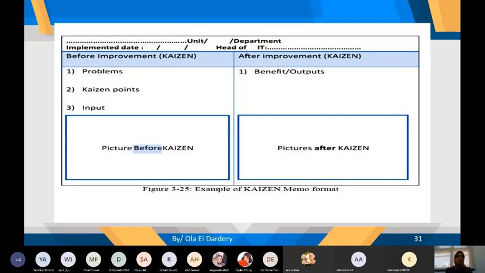We can also add pictures of the workplace. If we're going to be implementing 5S and it's a messy workplace, we add pictures so we can compare it to how it's going to look after the improvement is made.